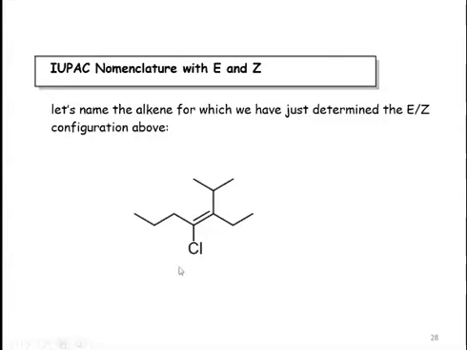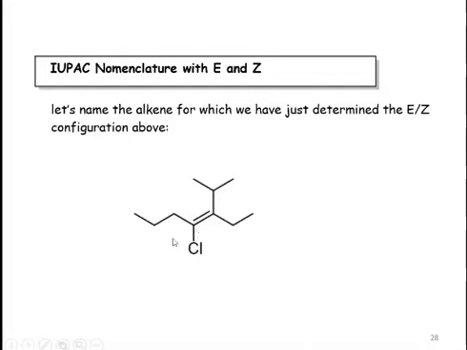Now, observe this structure. If possible, draw the structure in your notebook. A carbon-carbon double bond. To the first carbon, on one side, attach one propyl group.